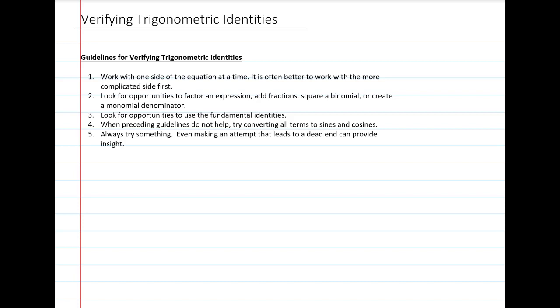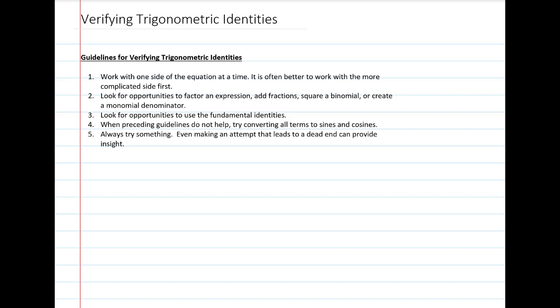Okay, number three, it says look for opportunities to use the fundamental identities. So basically, we just have to know our fundamental identities from the first section and see what fits, if anything applies, to see if that's going to help us verify our given identity.